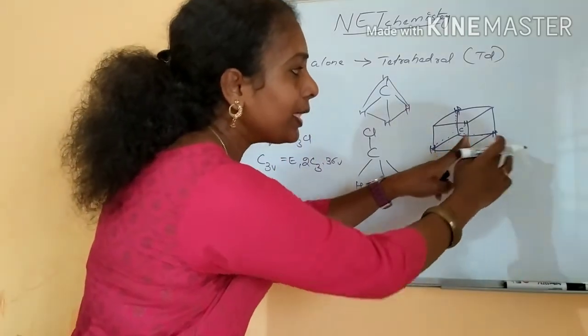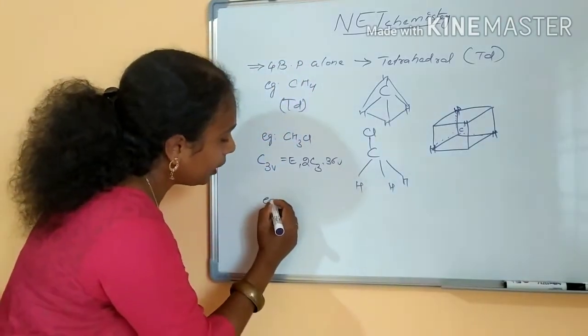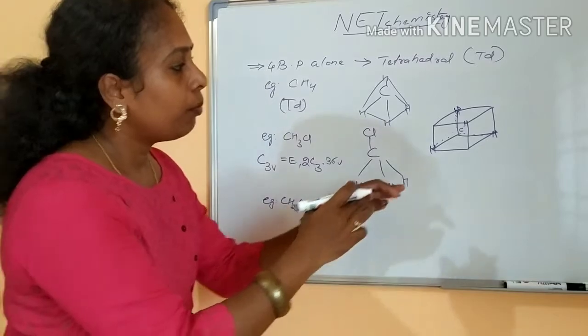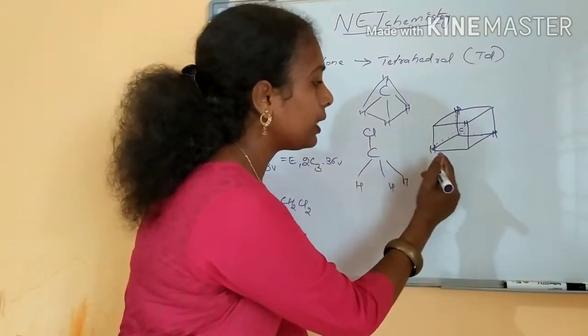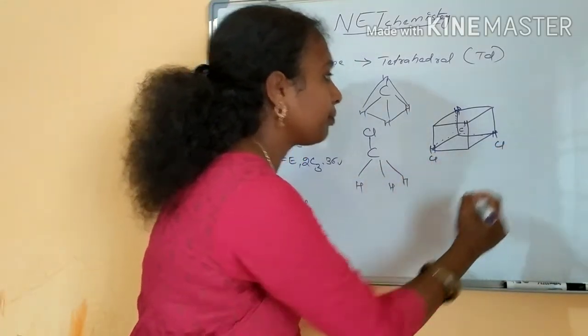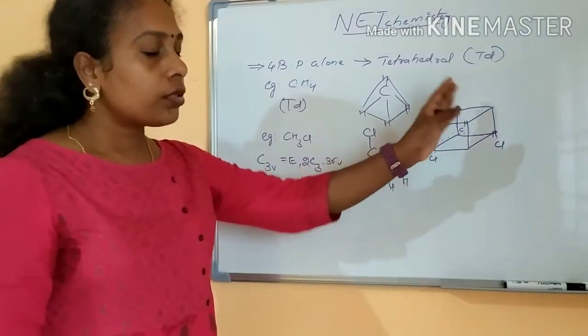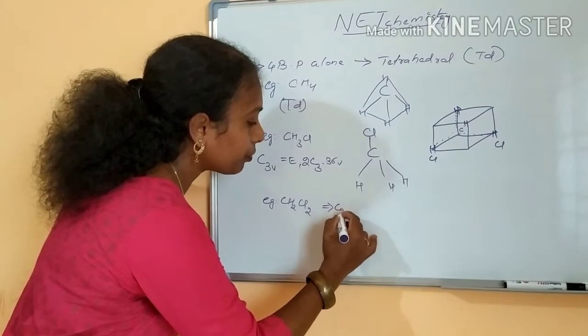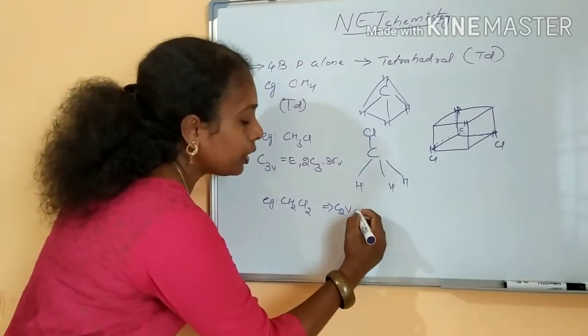Now I am going to replace two hydrogen atoms, for example, CH2Cl2. Okay, both the hydrogen atoms have been replaced with chlorine atoms. So this belongs to the C2V point group.